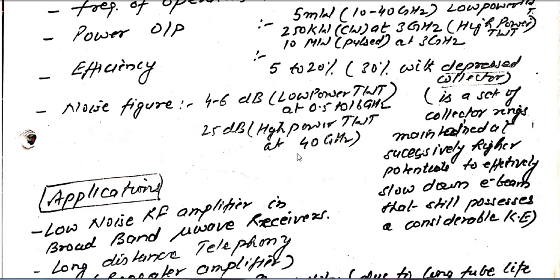Now when we say the efficiency is 30% with a depressed collector, it means the depressed collector is a set of collector rings maintained at successively higher potential to effectively slow down the electron beam that still possesses considerable kinetic energy. If we use this technique, then the efficiency is nearly 30%.